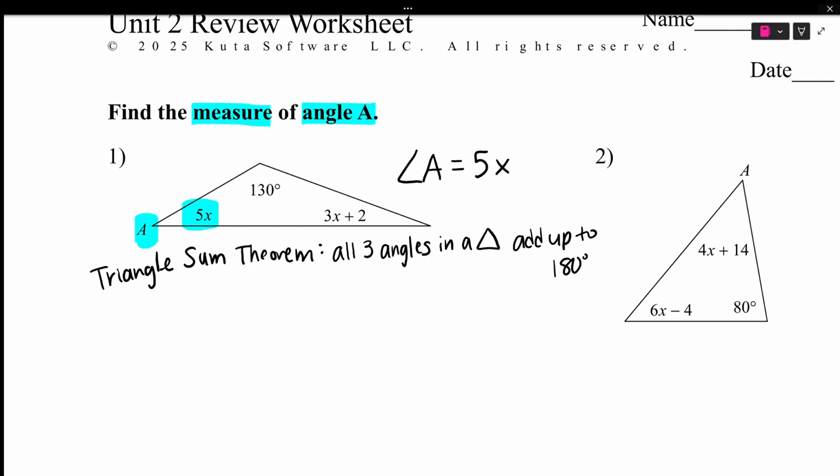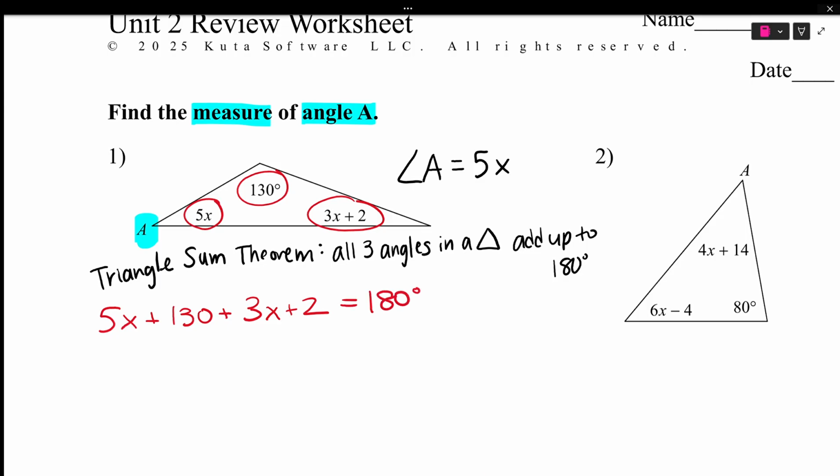So if I want to use that, I'm going to take this, and this, right? 5x plus 130 plus 3x plus 2. Those are the three angles, and I add them up and set it equal to 180.